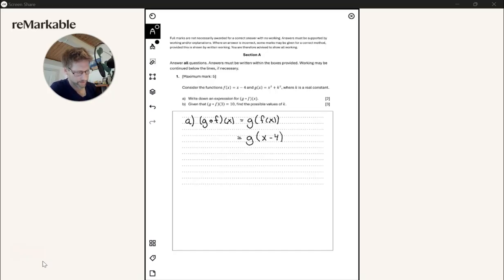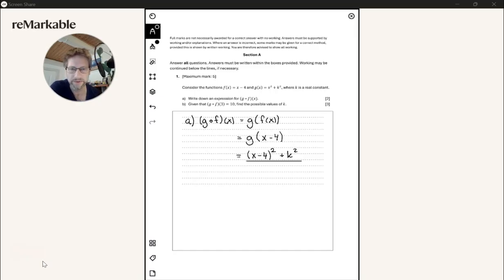And then we just take the expression for g of x and we replace the x by x minus 4. And what we get is x minus 4 squared. We need a bracket because it has two terms that we want to square, plus k squared. And that's actually perfectly fit for an answer.